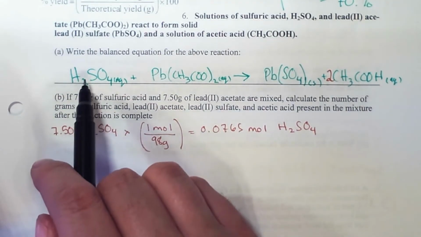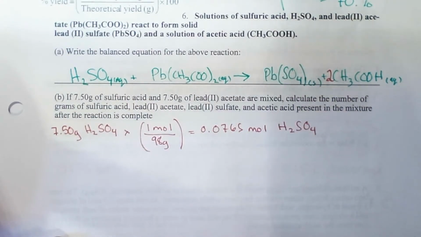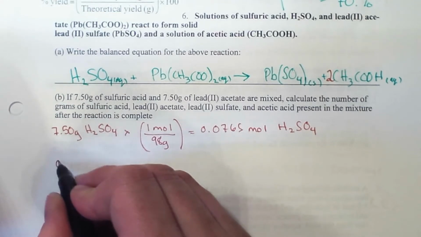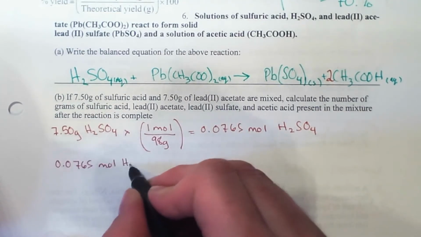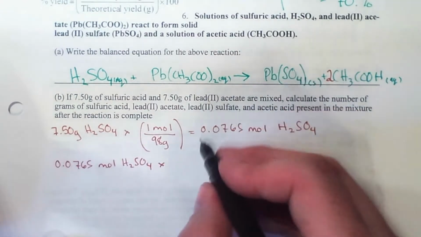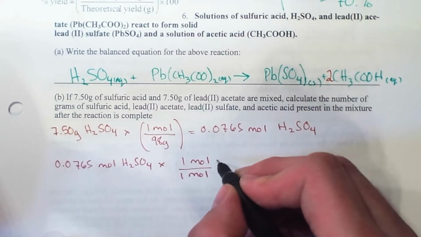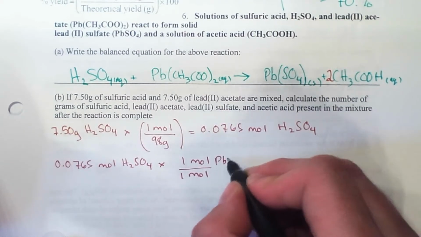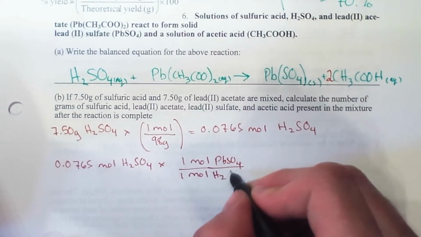So we'll start with this, and I'm just going to use it to figure out lead sulfate. So lead sulfate is 1 mole. PbSO4, H2SO4.